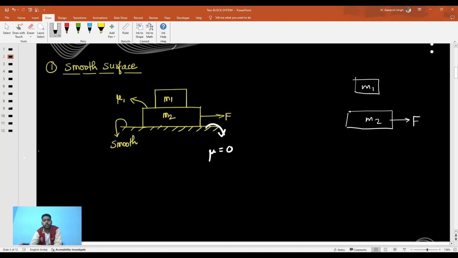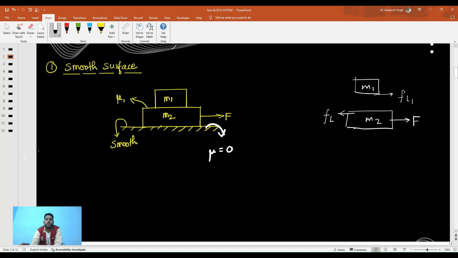To resist that, it will apply a force in the backward direction, that is FL, limiting friction. So every action has an equal and opposite reaction. So on M1, it will be FL1 in the forward direction.